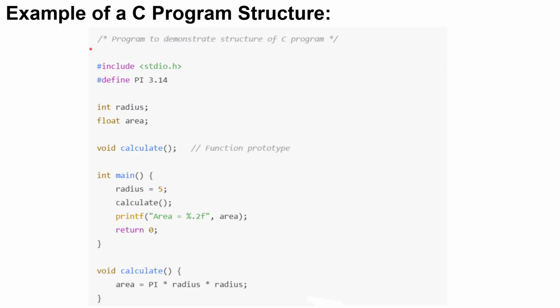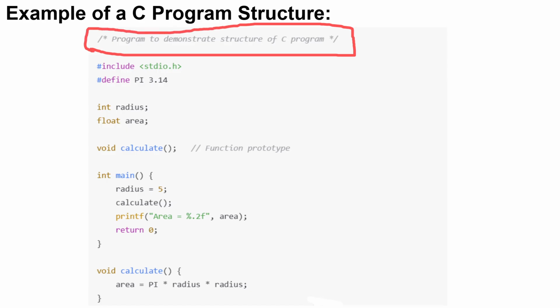We can see the first part I already said, which is nothing but the documentation section, where we give some information or comments about our program. The next one I already said, hash include stdio.h, which includes our standard input output header files. Okay, it is called the link section.